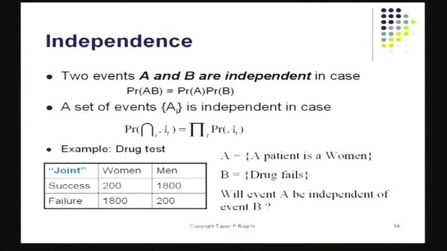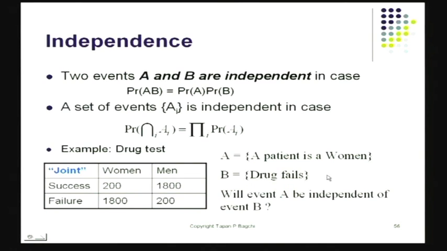And let's talk about the events that we are going to be testing against each other. A is the event that the patient is a woman. And what is the chance of the patient being a woman? If the count comes in this column, this is a chance which is like 50% chance of the randomly picked patient being a woman.